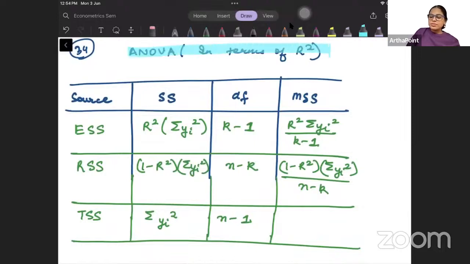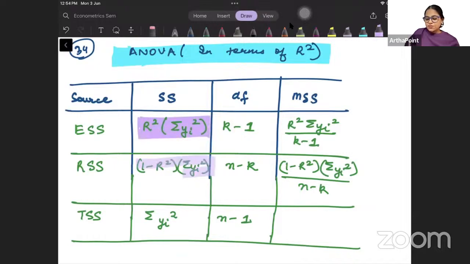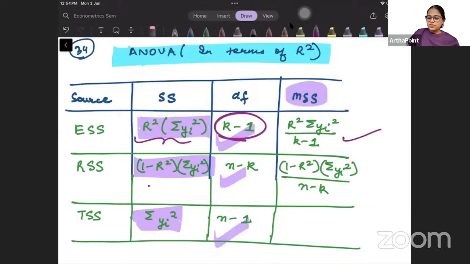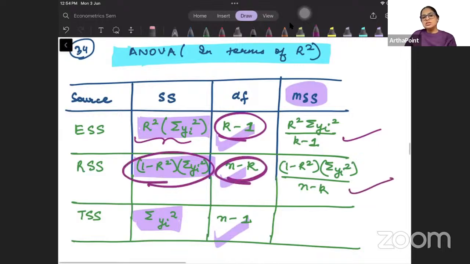This is your Anova table in terms of R square. तो अगर हमें Anova को ही R square के terms में लिखना है, तो ESS का formula in terms of R square is this. RSS का formula in terms of R square is this, and TSS is this. The degrees of freedom of ESS, RSS and TSS remain the same. और ये mean sum of square है. So ESS divided by degrees of freedom, RSS divided by degrees of freedom, that will be your mean sum of square.